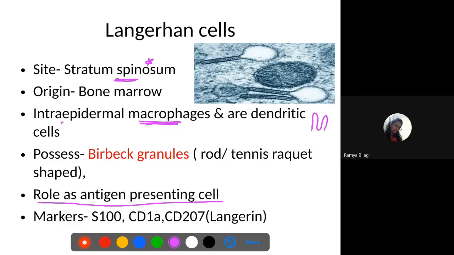What is the special characteristic of Langerhans cells? They have Birbeck granules. I have shown you in the picture. You can see these electrolucent structures which are tennis racket shaped. The markers of these Langerhans cells are S100, CD1a and CD207.